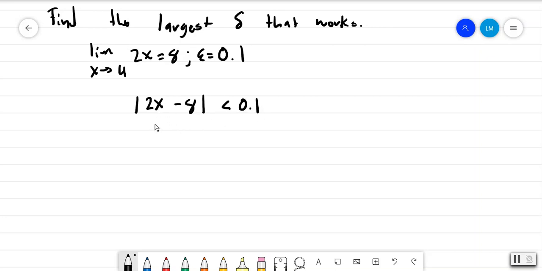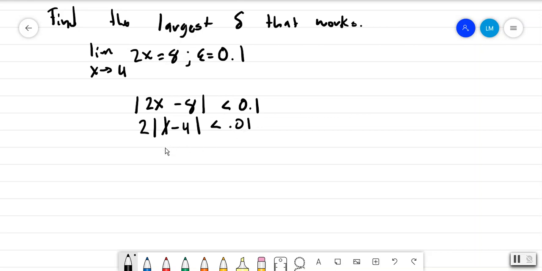And from here, one interesting way we could do this is to take out the 2, and you have x minus 4, and that's going to be less than 0.01.